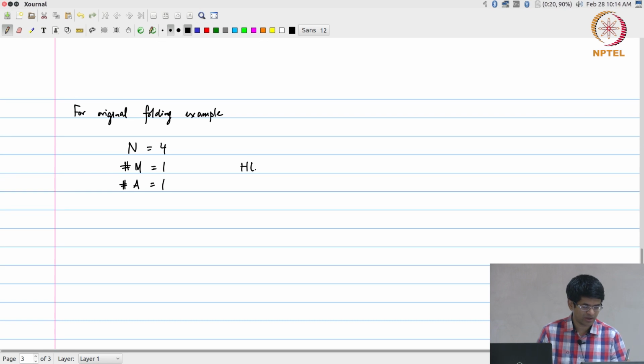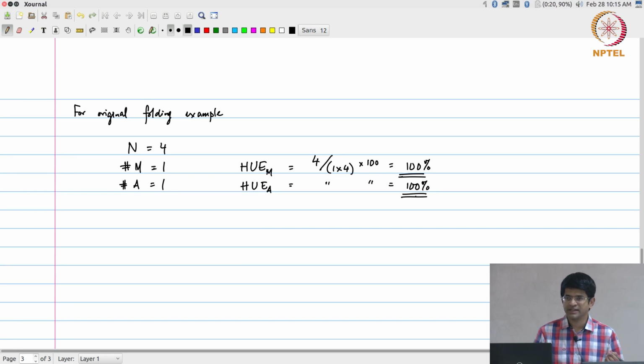So what was the hardware utilization efficiency of the multiplier? The number of operations was 4, divided by the maximum possible operations with 1 multiplier and 4 time steps, which was also 4. 100%, and similarly for the adder also.